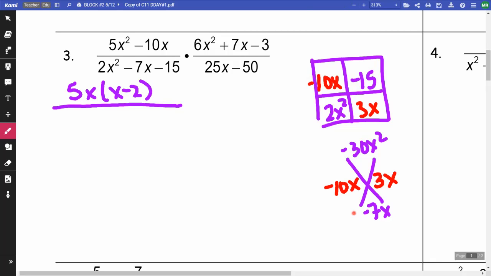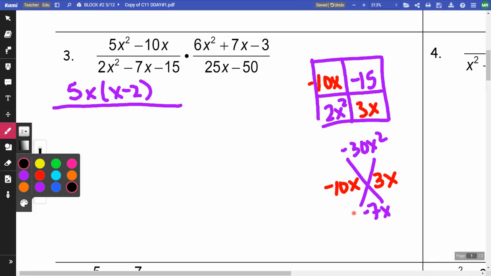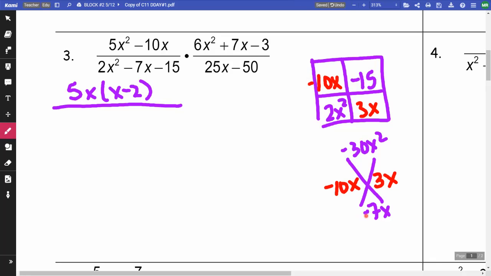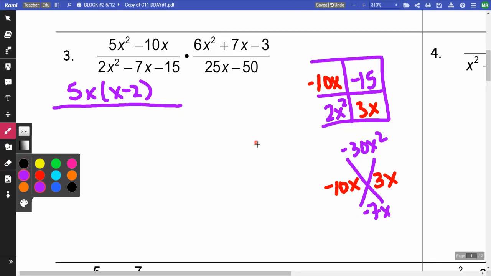And then I want to figure out the outside. So to figure out the outside, I always want to start with my 2x squared. And that's going to be a 2x and an x. And the 2x can't go here because it can't get the 3x. So the 2x is going to go here to help get the negative 10x. Let me just make that box a little bigger so my negative is inside of it there.